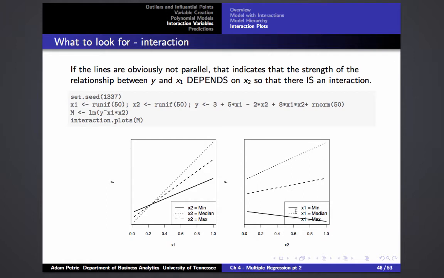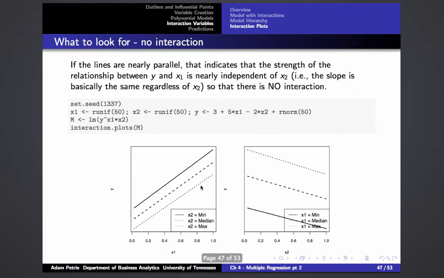And as x1 gets bigger, what I see is that it goes from a very weak negative relationship to no relationship at all, a flat horizontal line, to slightly positive, to even more positive. So overall, it looks like as x1 is getting bigger, the relationship between y and x2 is getting stronger. So if I see very obvious non-parallel lines, I would suspect an interaction to exist.